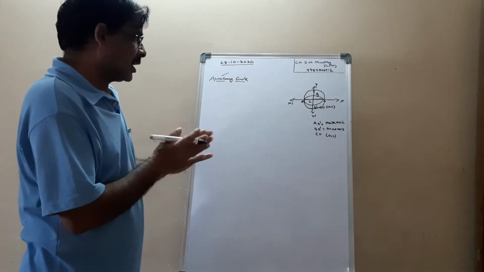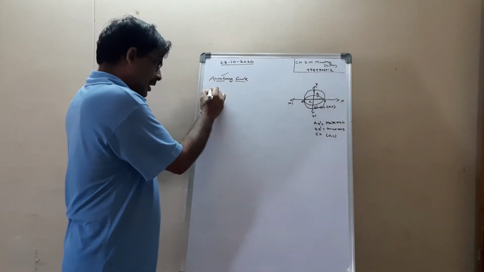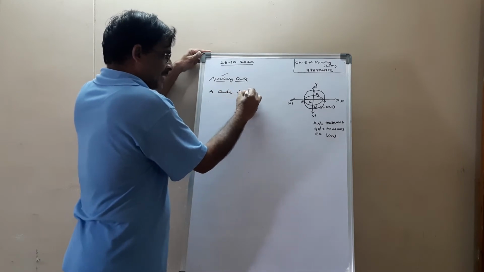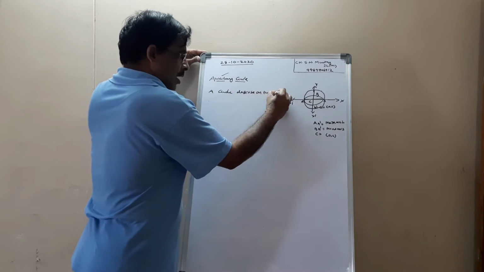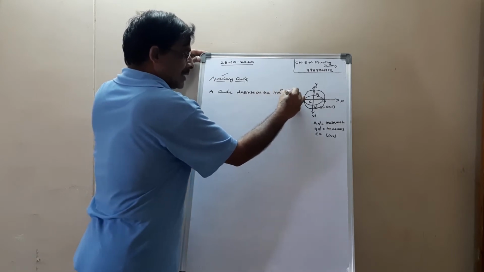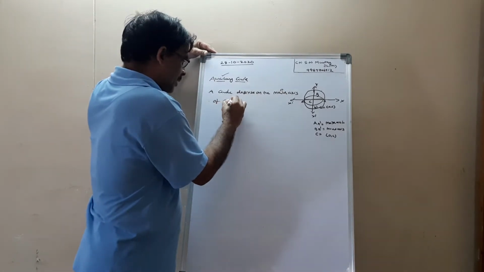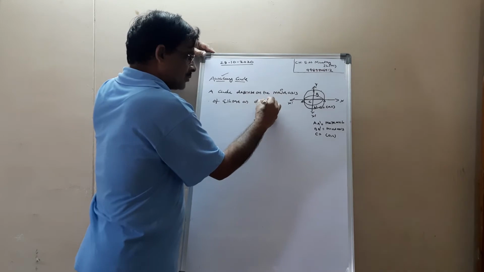Auxiliary circle. Let me explain once again. See, a circle, I'll write here, a circle described on the major axis of the ellipse as diameter.